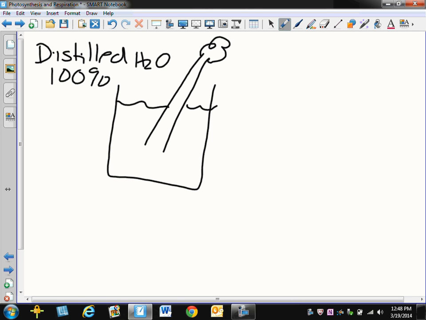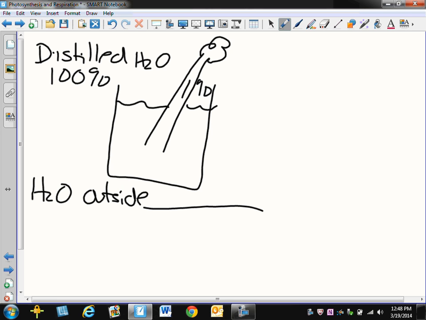It has nothing in it. It's pure water. You get that by boiling it, catching the evaporation. That steam up there is 100% pure water. All right. So we have 100%. How much salt do we have in our celery? 1%. All right. So let's figure this out. What do we have H2O outside? How much?